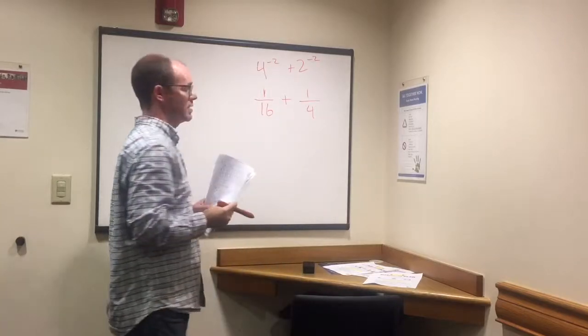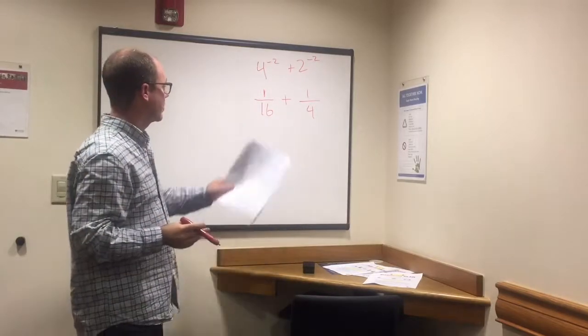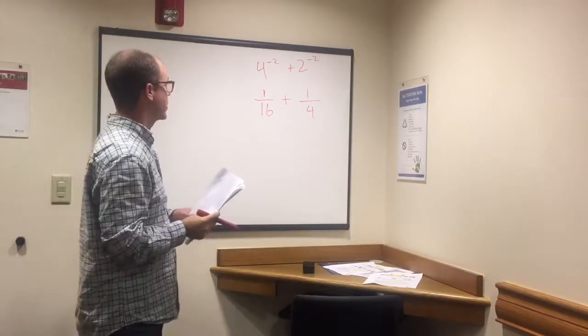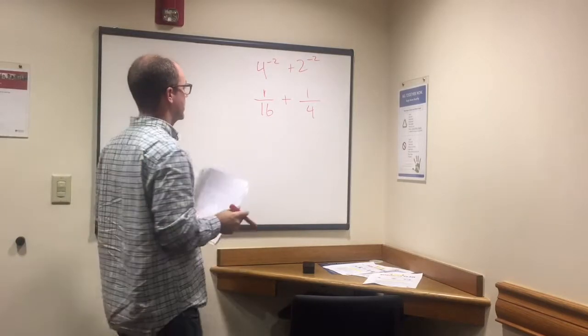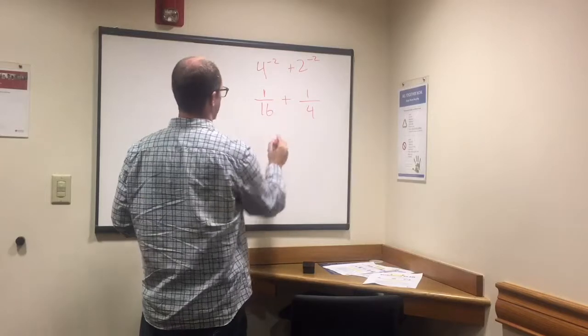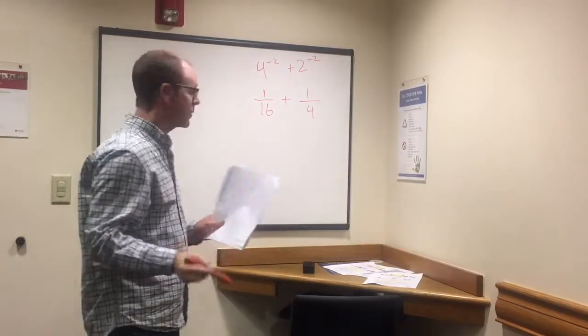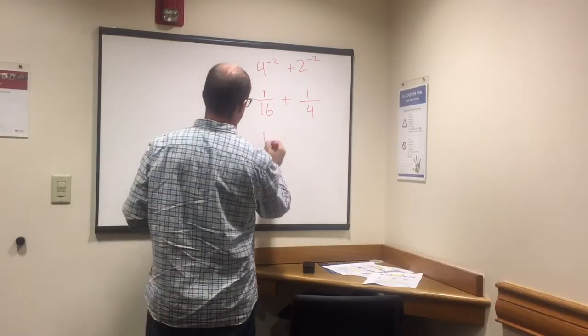Okay, 1/16 plus 1/4. Now we have to know how to add fractions. So there are two things we have to know in this problem. We want to get a common denominator here, so we're going to get 16 as the common denominator. 1/16 will stay the same.